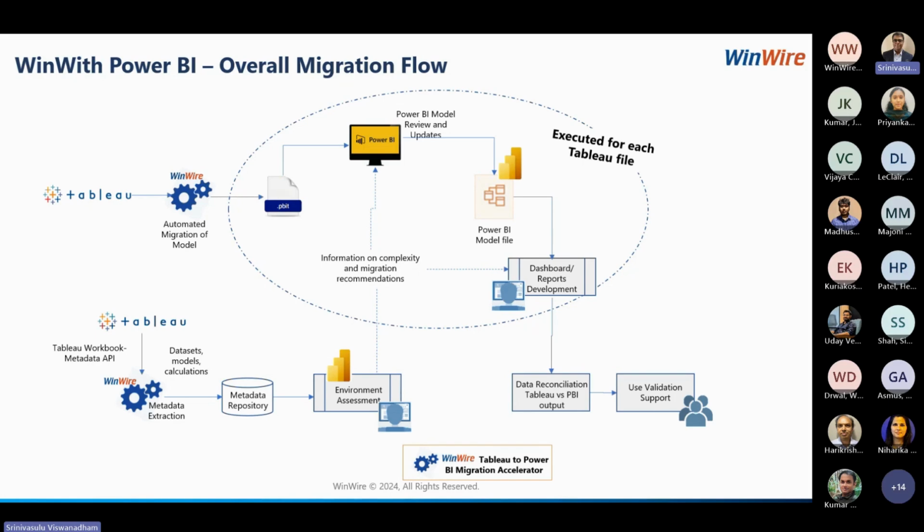Now in this particular sequence of steps, what we have done is automate the model creation. When I say automated, the model creation means connecting to the source, getting the data, and making sure the Power M query is taken care of. The moment you run the solution, you get your data, and you get your PBIX file or the PBIT file ready in your local and in your service.